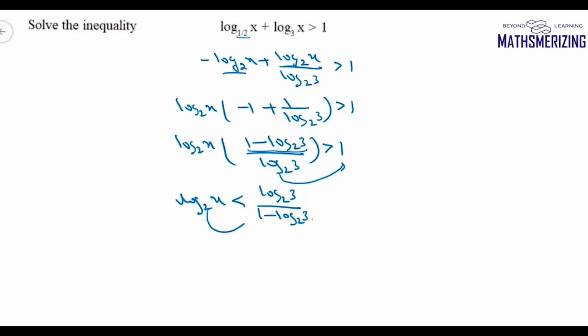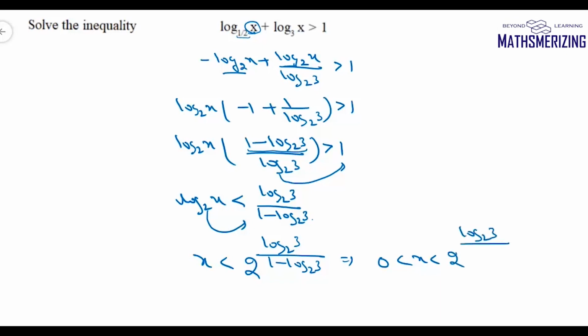Now I'll take antilog. So I'll get this result as x equals 2 to the power log 3 base 2 upon 1 minus log 3 base 2. Now the domain of this function is x should be greater than 0. So the answer to this inequality will be the value of x should lie between 0 and 2 to the power log 3 base 2 upon 1 minus log 3 base 2.